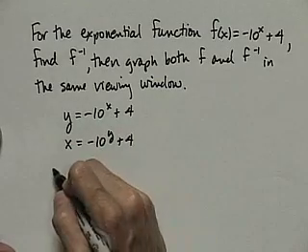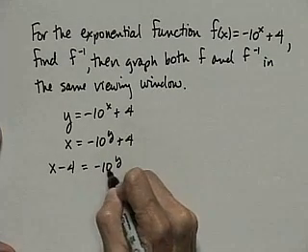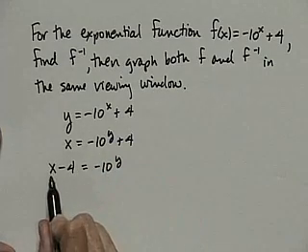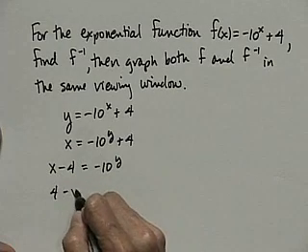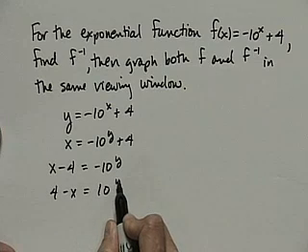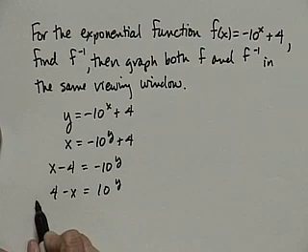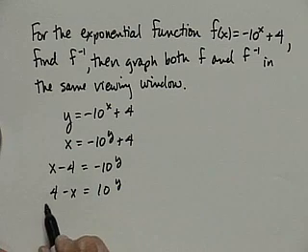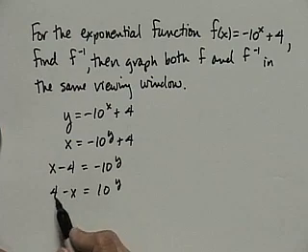I'll start by subtracting 4, multiplying each side by negative 1, and what that will do to the left is change the signs of both terms. And now if I want to solve for y, y has to be expressed as the exponent I would attach to 10 that would give me 4 minus x.